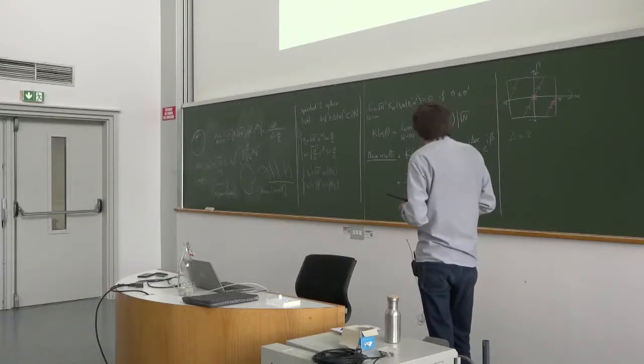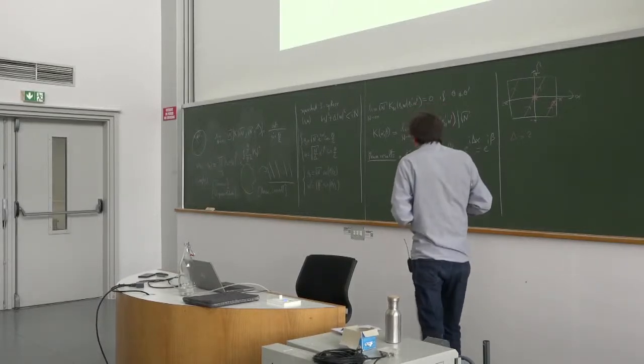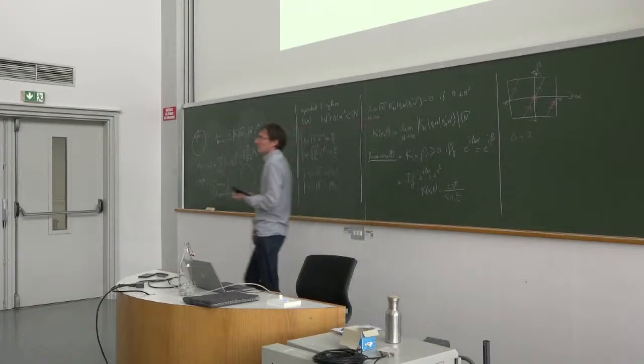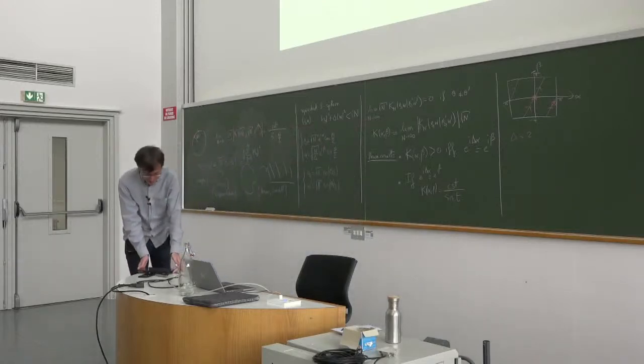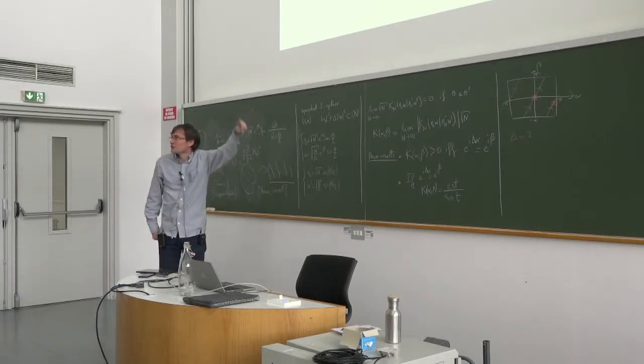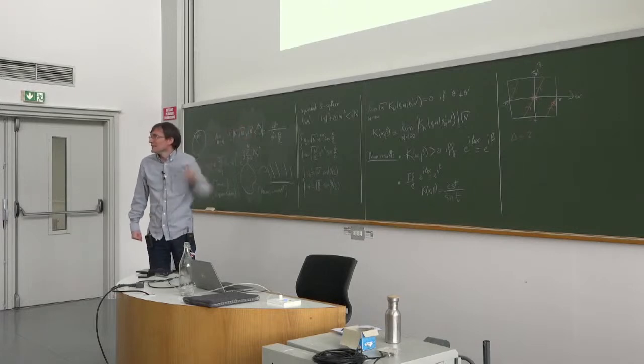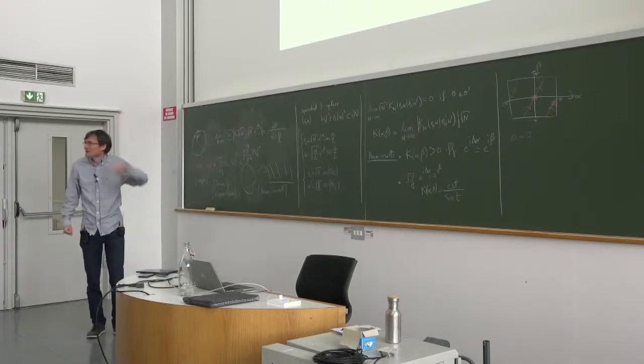Did you say you restrict yourself to delta an integer? This will be what comes next. Basically, it's very basic ergodic theory. If you consider trajectories like this on the torus, the trajectory depends hugely on whether or not delta is irrational. Because if it's rational, you will always come back to the initial point.